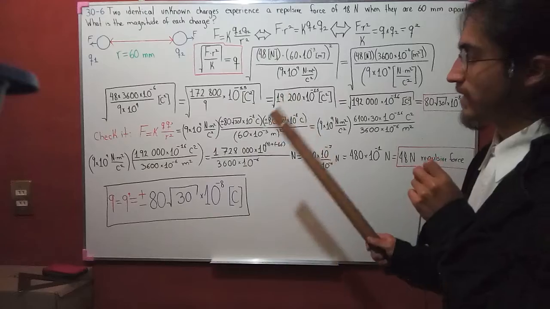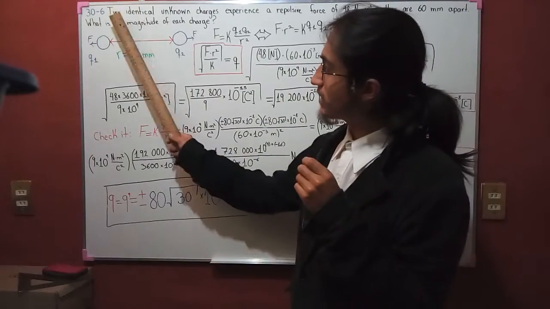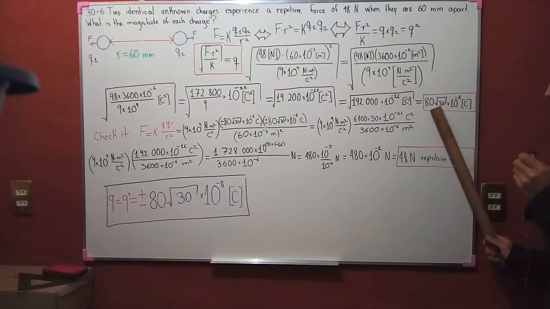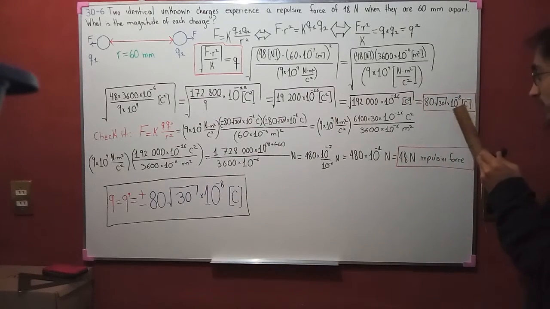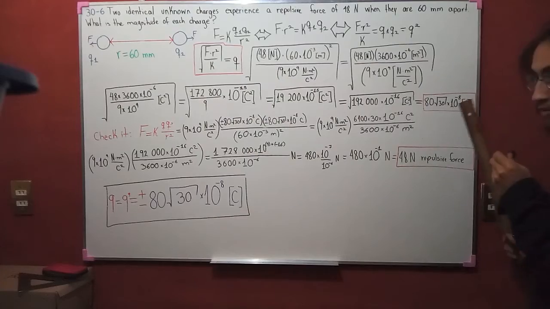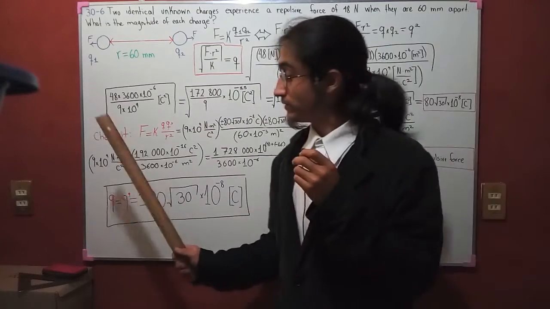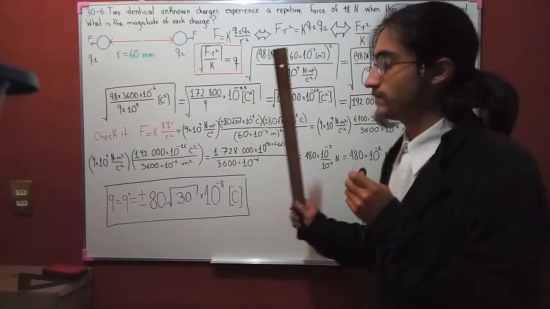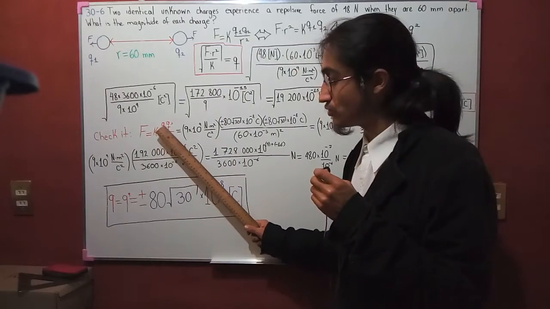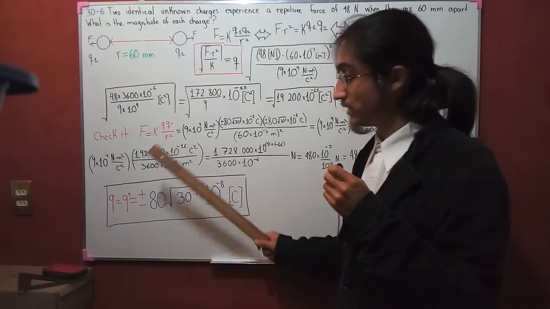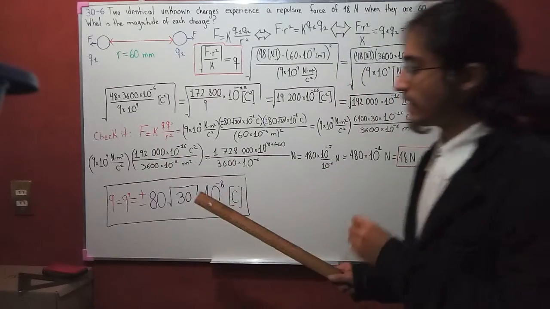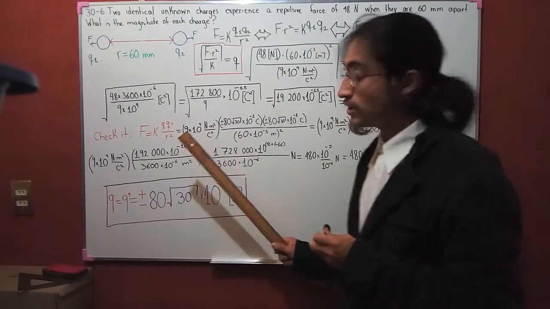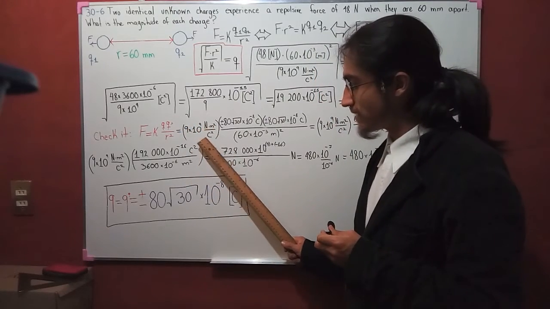So, I suppose that the two identical unknown charges have a magnitude of 80 times the square root of 30 multiplying 10 raised to the power of negative 8 Coulomb. We have to check it. So, using the law of Coulomb, F equal to K multiplying Q prime divided by R squared, I get 9 times 10 raised to the power of 9 Newton meter squared divided by Coulomb squared.